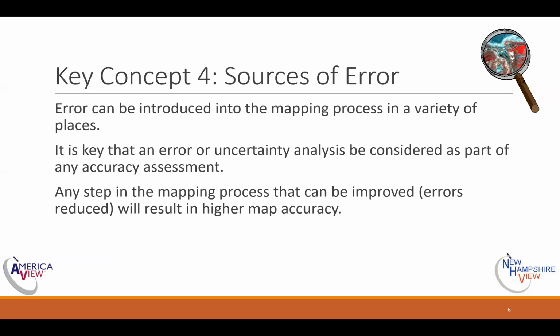And then anytime you can improve that, anytime you can remove those errors that are really not related to assessing the map accuracy, but are due to other factors, then you're going to improve your map accuracy, right? And so that's a really, really good thing. And we could spend hours just talking about sources of error.